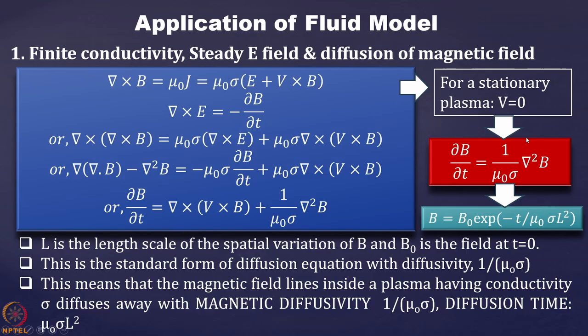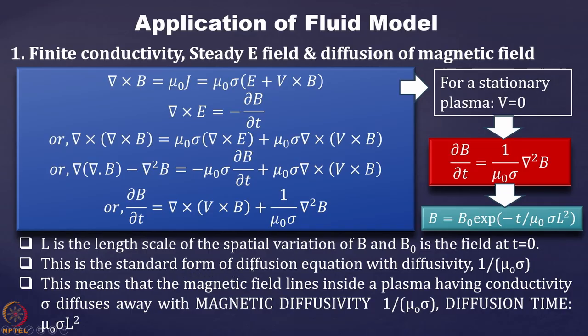So this equation then results in del B by del t equal to 1 by mu 0 sigma into del square B. This is a very standard form of diffusion equation, and we know that it has a solution of the type B equal to B0 exponential of minus t by (mu 0 sigma L square), where L is the length scale of the spatial variation of B, and B0 is the field at t equal to 0.